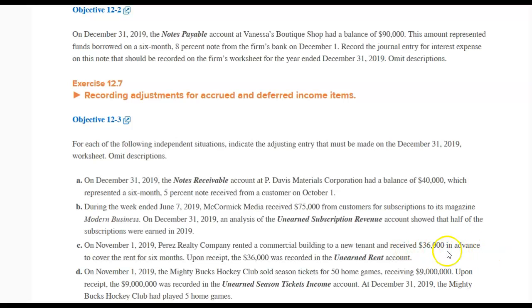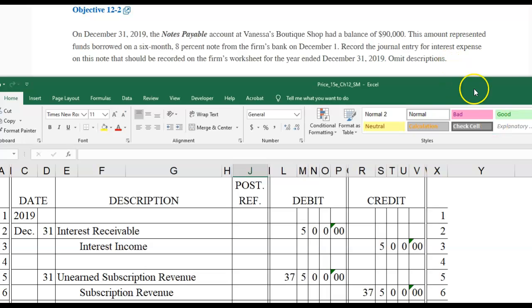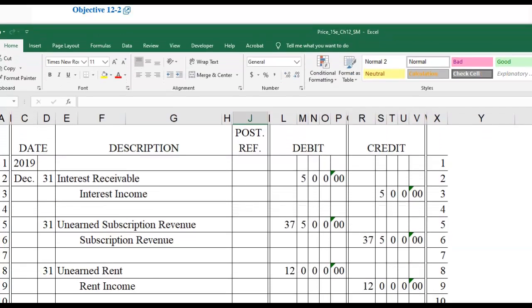So 36,000 divided by 6 times 2 would be 12,000. Here we have unearned rent of 12,000, and then our rent income so far has been 12,000.